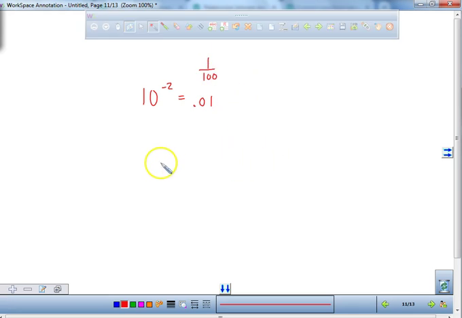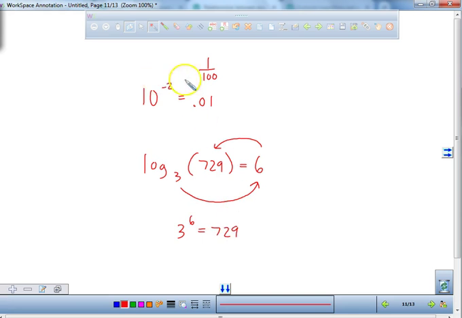Okay? And then the other one was log base 3, 729 equals 6. So this one's the easy one. 3 to the power of 6 equals 729. You go from logarithmic form to exponential form.